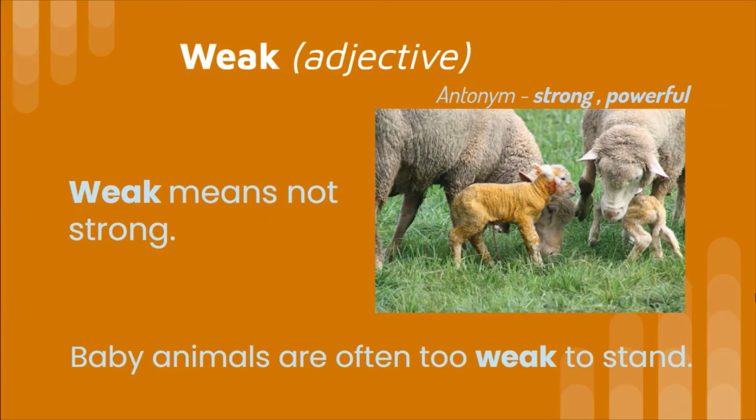Let's read it again. Baby animals are often too weak to stand. Okay, let's do it one more time. Baby animals are often too weak to stand. And now, friends, I have for you two antonyms, not one, but two. Strong and powerful are both antonyms to the word weak. Yep, they mean exactly the opposite.